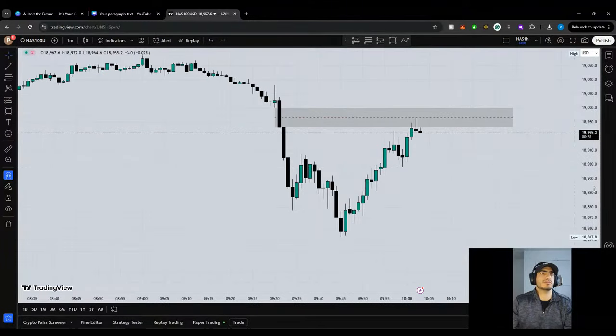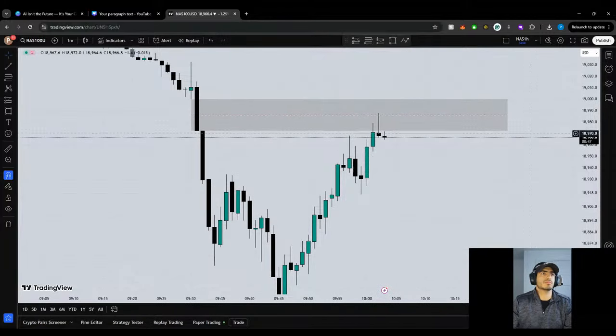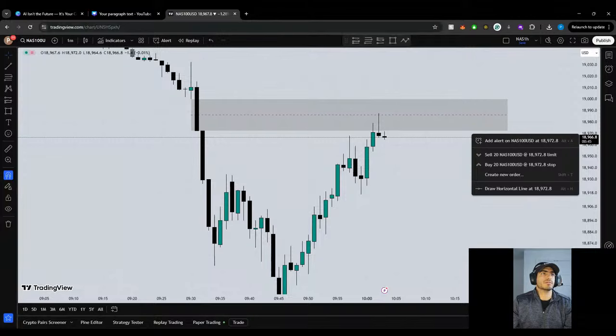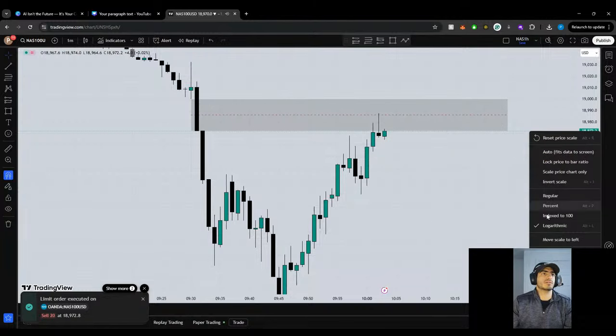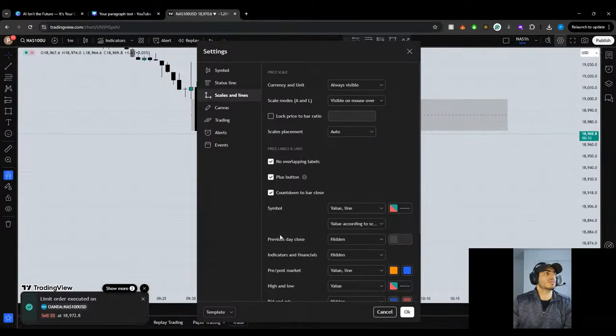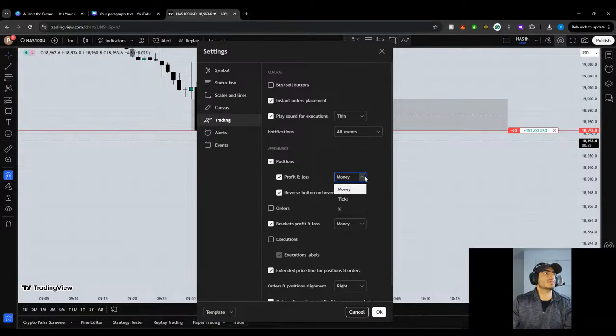So you see, we could enter over here. So we just entered. I'm just going to put the settings like that. You guys see the positions.